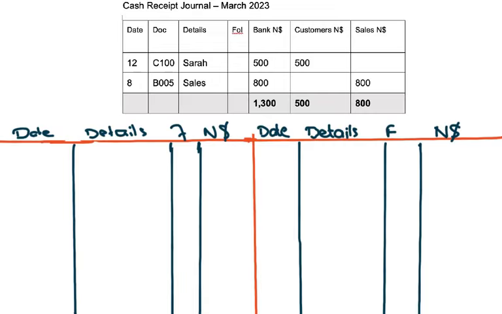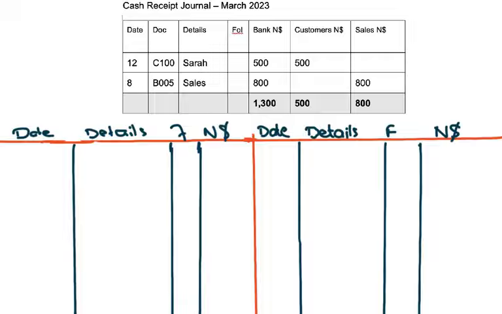My cash receipt journal, again, this is part of my cash book. Cash receipts will be on the debit side, because if I deposit money in my bank account, my bank will have more money than yesterday, so it will increase, and assets increase on the debit side.